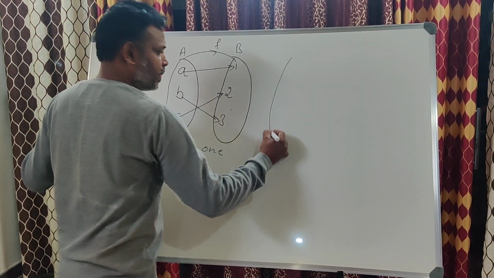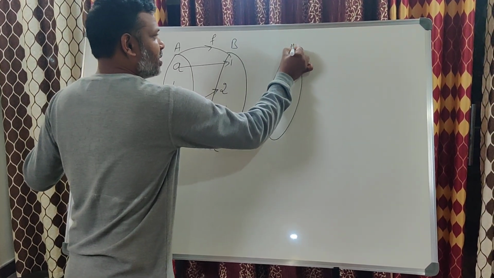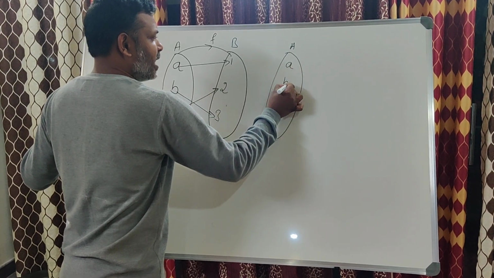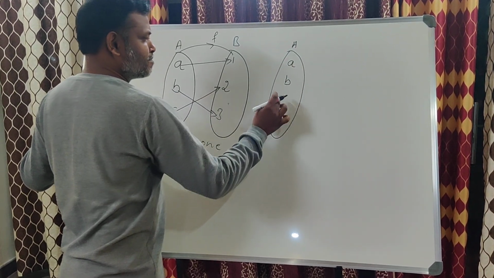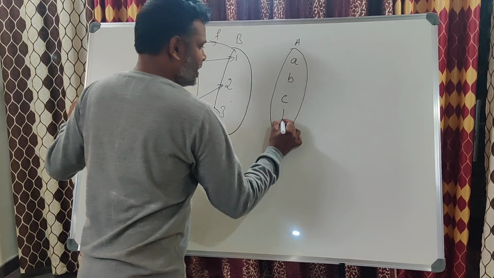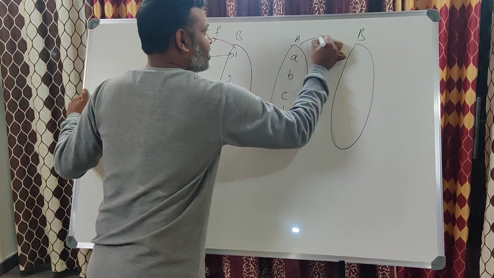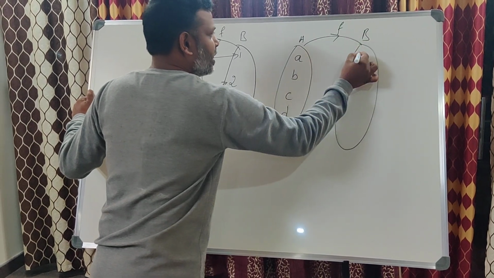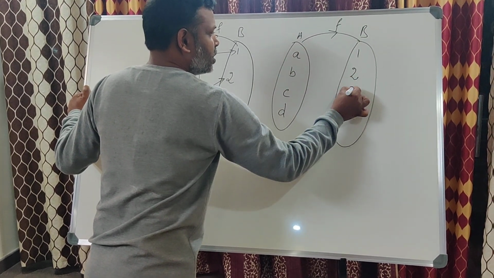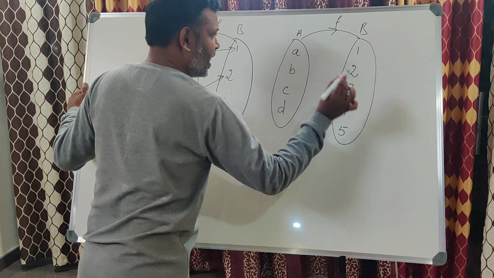Have a look here. This is set A, containing the elements A, B, C and D. I am considering another set here, that is B. There is a function f from A to B. I am considering 1, 2, 3, 4 and 5.